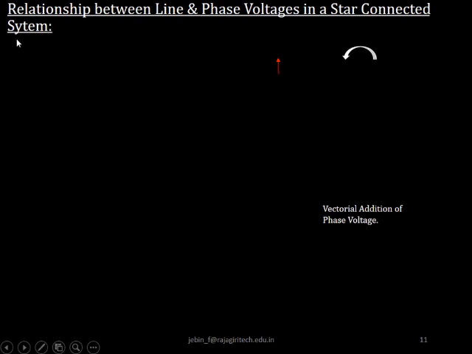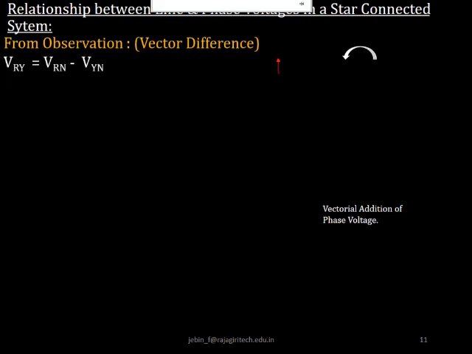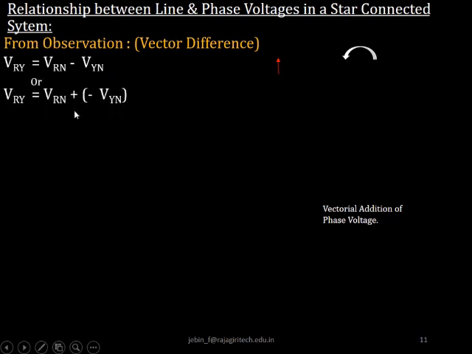So next we are going to derive the relationship between line and phase voltages of a star connected system. For that we will be doing vectorial addition of phase voltages. Now we know that VRY is equal to VRN minus VYN, or else I can write VRY is equal to VRN plus minus of VYN.